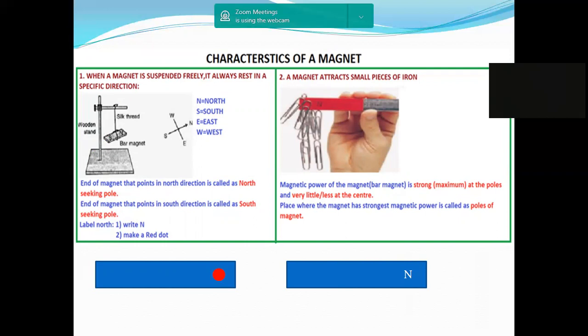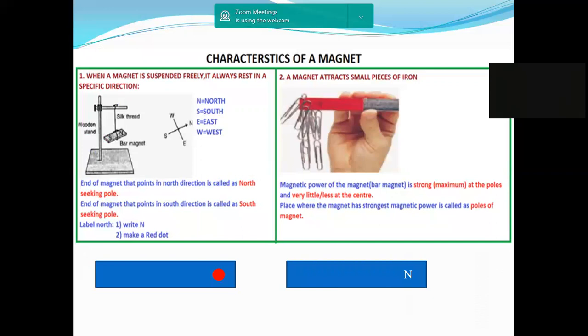First one. In this, you can see there is one picture provided. A wooden stand is shown over which a silk thread is used to tie a bar magnet. Since this magnet is now suspended freely in the air, it will rest in a particular direction.